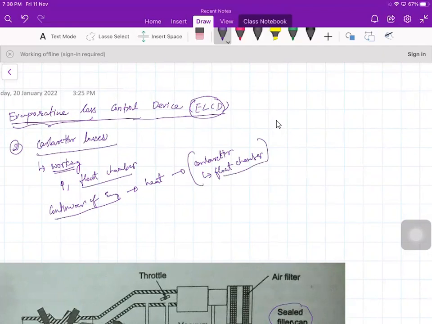Because its temperature is increased in the float chamber, we will have the fuel in vapor form. Okay. So this is how the carburetor is contributing to the evaporative loss.